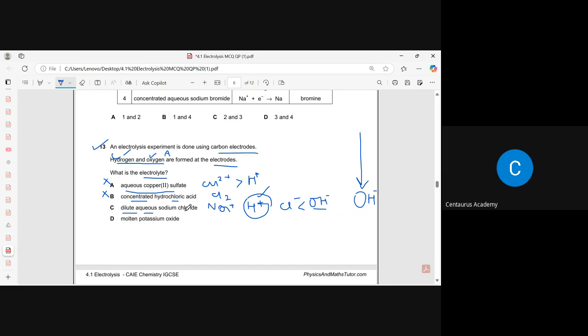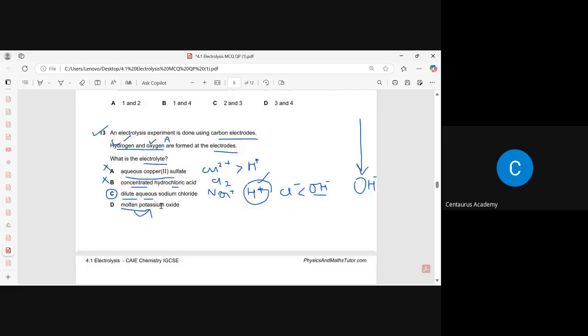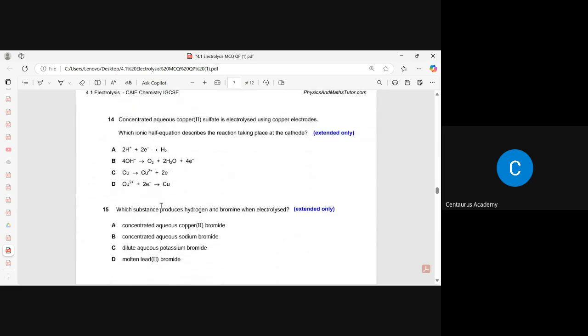So option C is the correct option here. For molten potassium oxide, since it will only have oxide ions and potassium ions, potassium will be deposited onto the cathode, which is again incorrect.